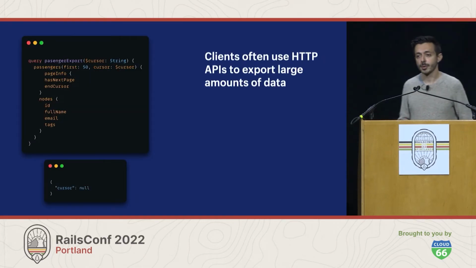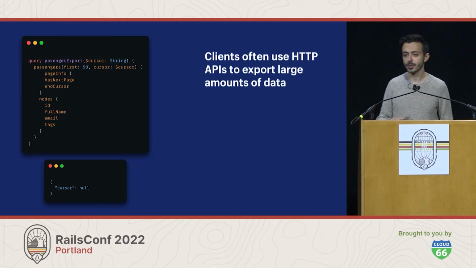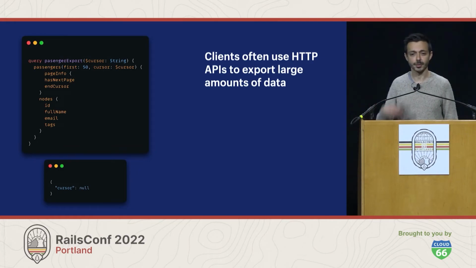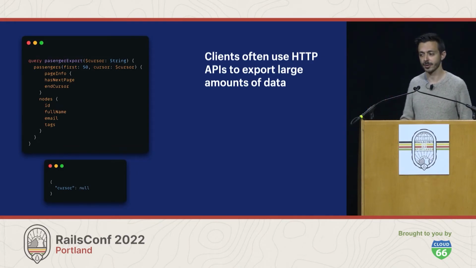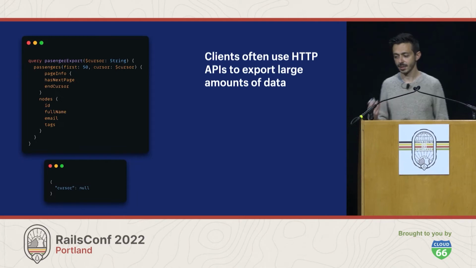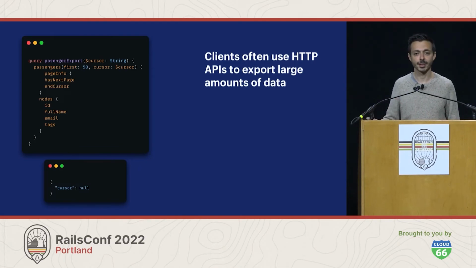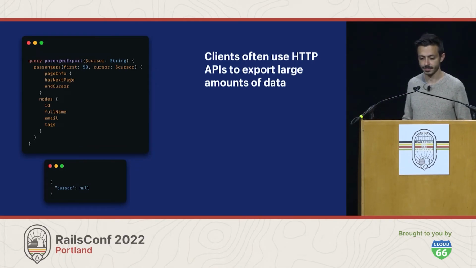This is a very common use case. A lot of API clients use APIs to synchronize data. They often iterate over pages and pages of records. They do this a lot. They do this for marketing, for accounting, data analytics, you name it.